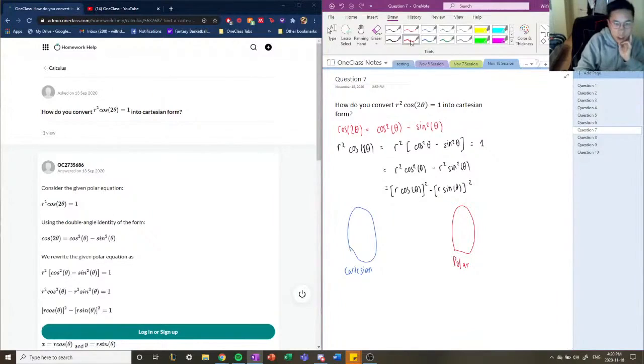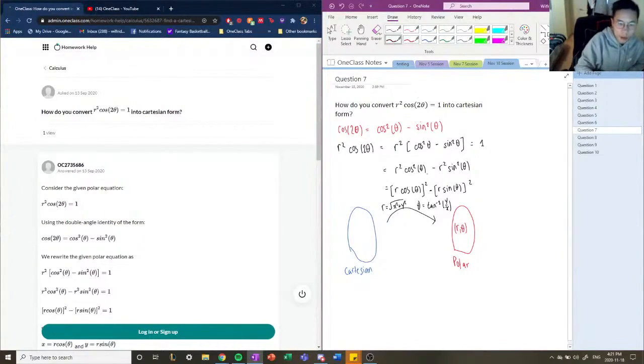So the conversion from Cartesian to polar: we have to calculate r, and r is the square root of x squared plus y squared, and our theta value, our angle, is the inverse tan of y over x, okay? So these 2 formulas will help convert our x and y coordinates into our polar coordinates r, theta.